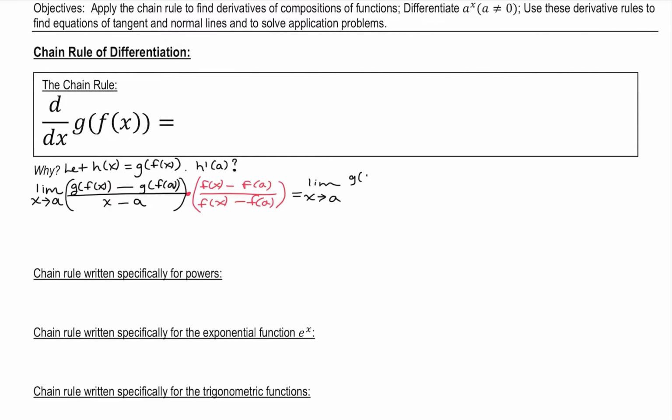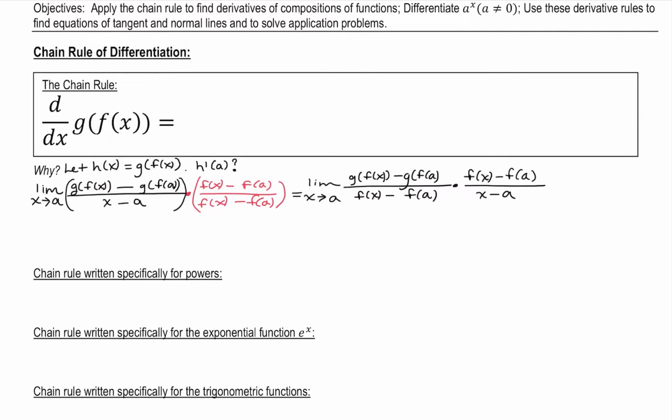I'm going to leave the first numerator exactly the same, and I'm even going to leave the second numerator the same. But I am going to change the two denominators. I'm going to make this denominator f of x minus f of a, and I'm going to make this denominator x minus a. And that's okay, because when multiplying two fractions, I just multiply numerators, multiply denominators, and multiplication is commutative.